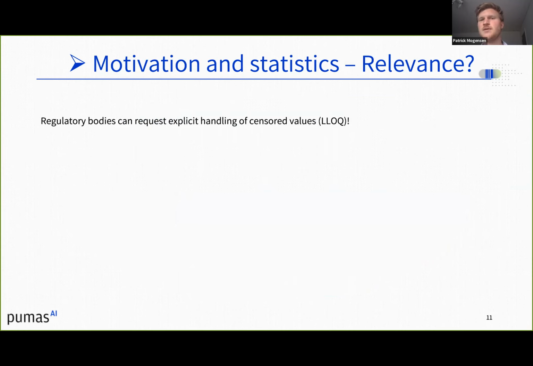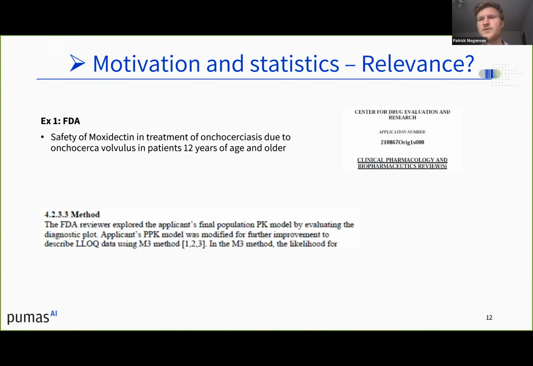But it's also relevant in practice, because if you have, for example, data that's below some lower limit of quantification and you submit your analysis to the FDA without censoring information being handled explicitly in the statistical model, then they might come back and say that they want to see the analysis redone with censoring information included. So of course it's important that Pumas can handle these statistical models, and we do. So I just have a few examples.